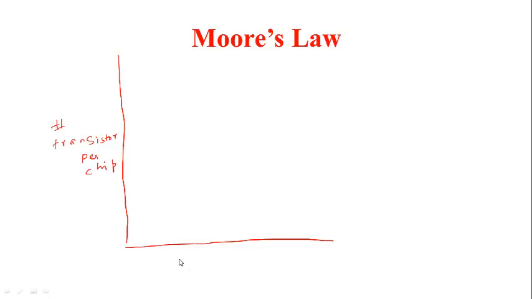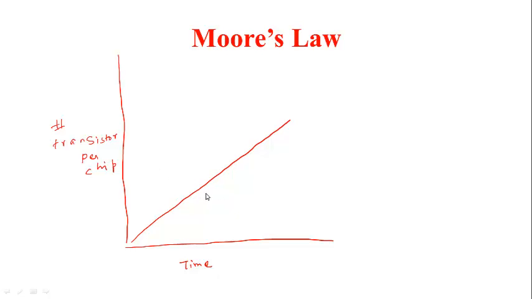The exponential growth in processing power has been driven by exponential growth in another metric, and this phenomenon goes by the name of Moore's law. You can look up the graph for Moore's law on Wikipedia, and it will show again a y-axis which is logarithmic, and here it shows the number of transistors per chip, and again the x-axis over time, and you will see a linear graph which represents an exponential growth in the number of transistors or the number of gates per chip which has been possible.